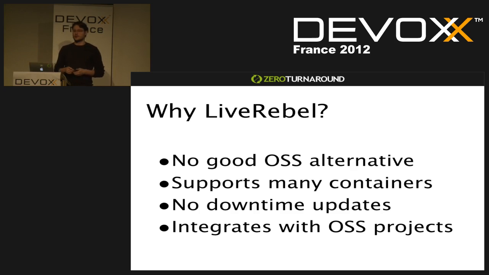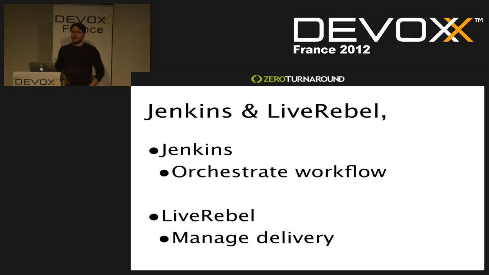So you can script it yourself, but LiveRebel manages everything out of the box, it leaves a trail, and it does no downtime updates. Okay, so together Jenkins and LiveRebel are pretty perfect.